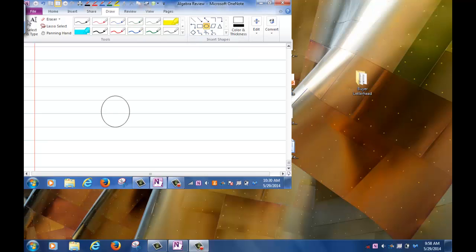Here's the reasoning. Let's say I have, let me make two circles here, a smaller one and a bigger one. That's a better one. Let me delete that one.